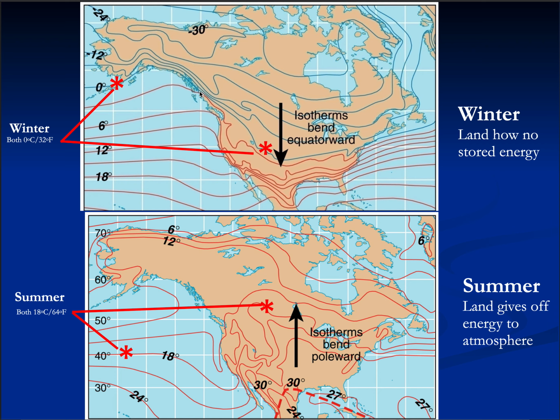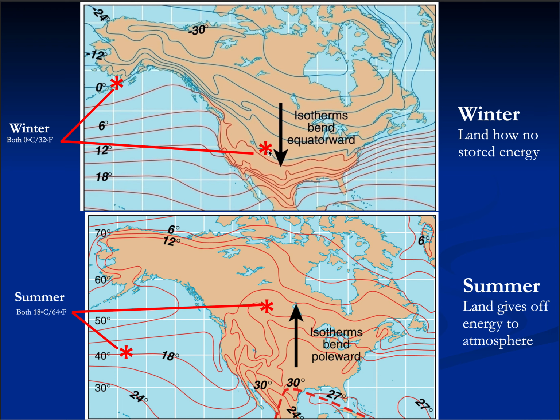Right here, right at the continental edge, is the same temperature. We come around, same temperature as we head up, and we find that it's 0 degrees Celsius, 32 degrees Fahrenheit. So Alaska in the wintertime on the coast is the same temperature as this northern desert landscape in Arizona.